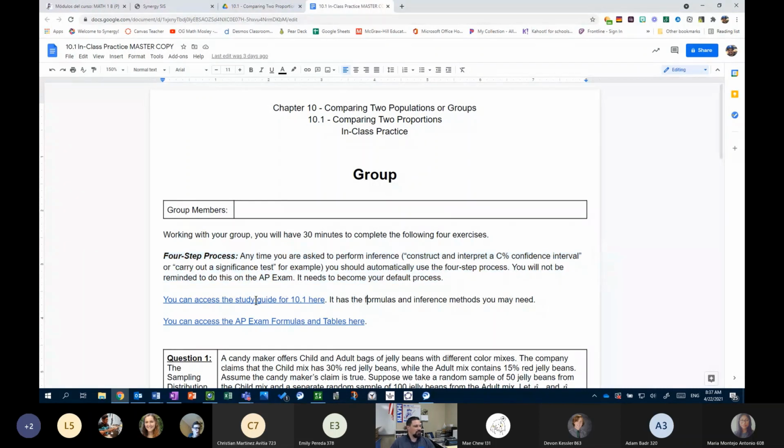Right here, we have a link to the study guide for section 10.1. This links back into Canvas where that study guide is housed. It has formulas and inference methods you might need. It also has some examples attached to those formulas that may help you as you work through these problems. You also have a link to the AP exam formulas and tables. Again, that is something you need to start getting used to using.